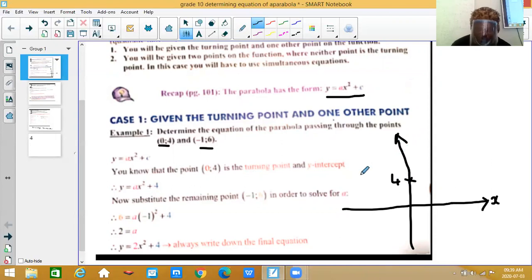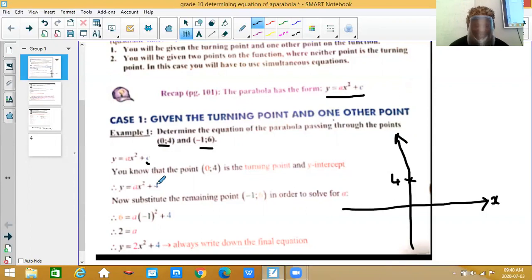So from this point, we know that 0, 4 is our turning point, and you remember we said our turning point is the value of c. So in the position of c, you plug in 4. So you have y is equal to ax squared plus 4. Can I stop there for a while?